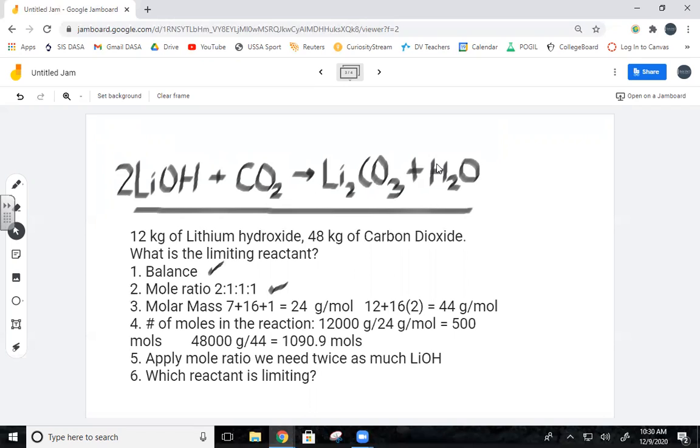And as an added bonus, they got drinking water out of it. Pretty crazy. You can take the carbon dioxide that people were breathing out and pull water out of it, not the water they're breathing out, just the carbon dioxide reacting with lithium hydroxide.